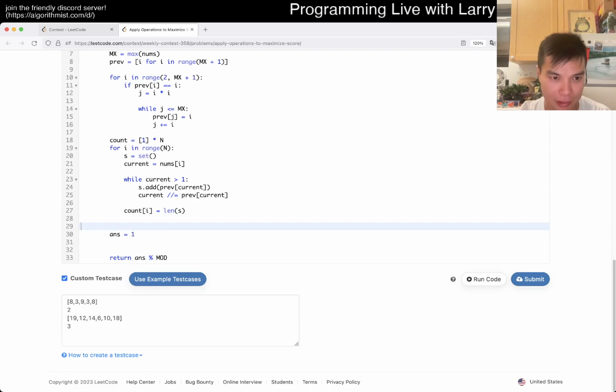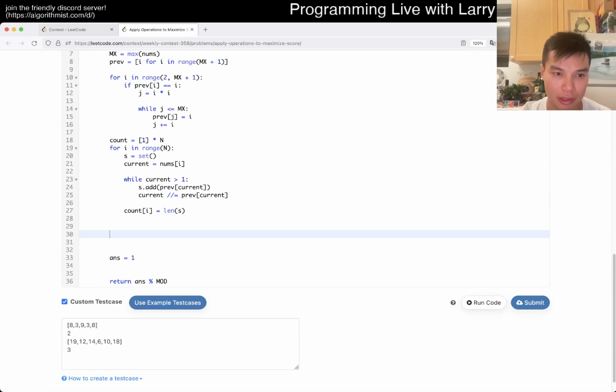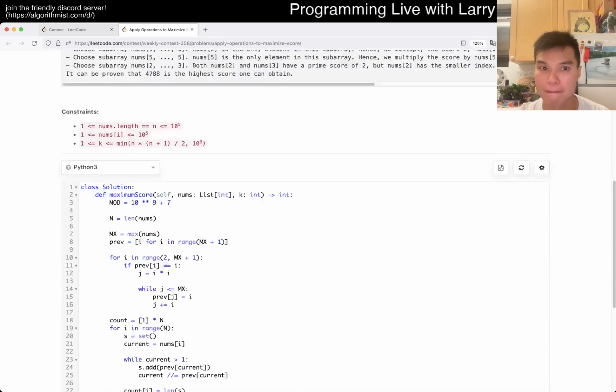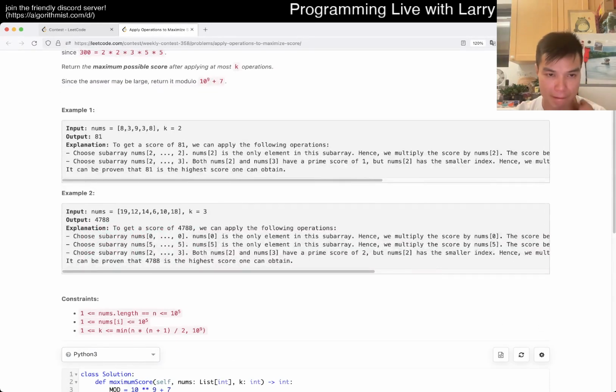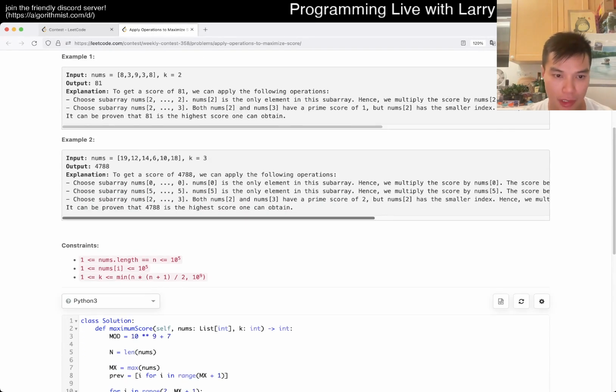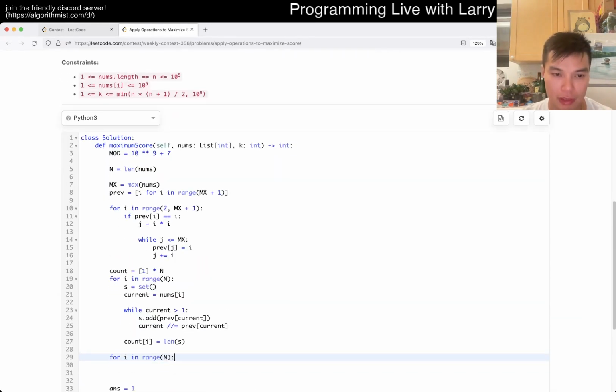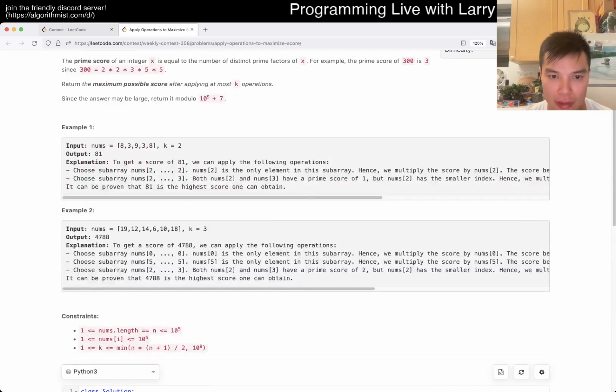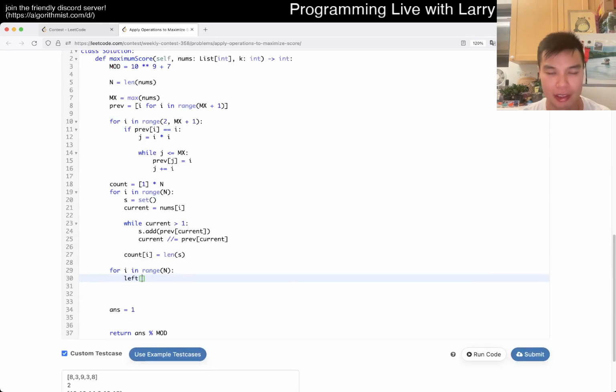I'm so bad at these problems. Okay, so how far does this extend? So on the left side you have, and then you do degree of freedom. That's right. Okay, I get it.